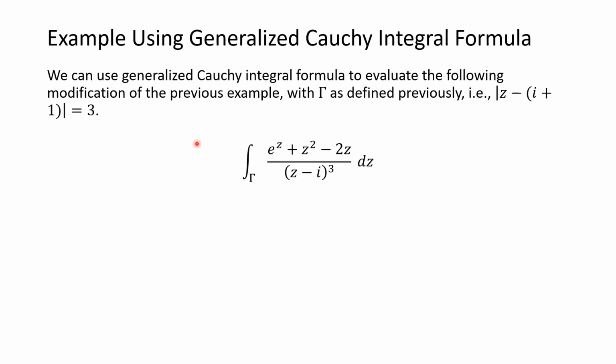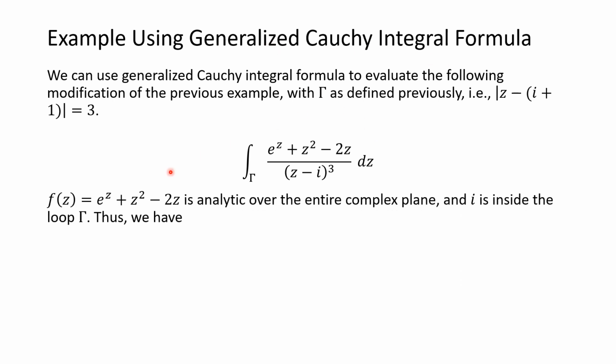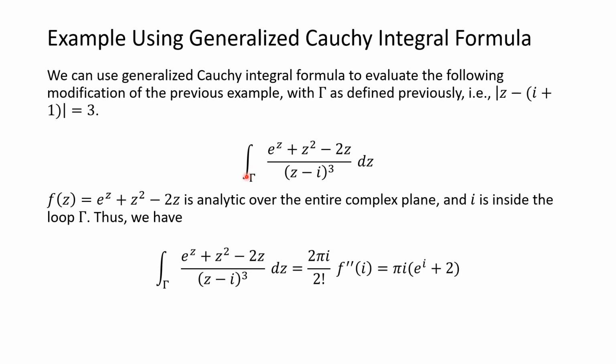We'll slightly modify the function. If you remember from the previous example, we just had z minus i to the first power. Now we have it cubed. So we need to make use of the generalized Cauchy integral formula to evaluate this. Our f of z is as before. It's analytic over the entire complex plane, so it's analytic on and within our contour.